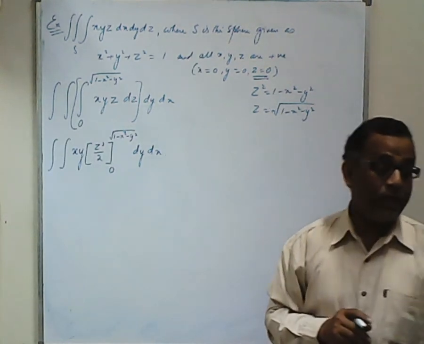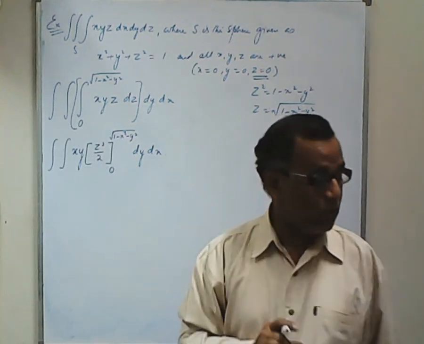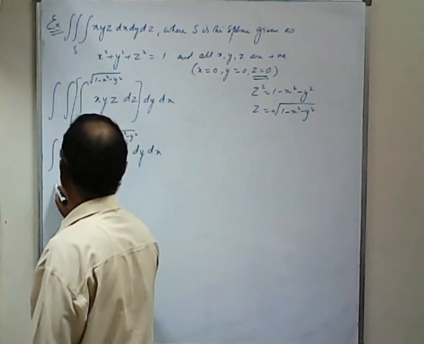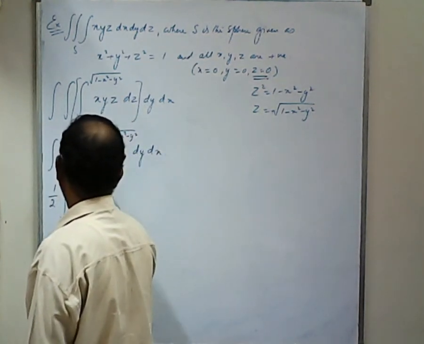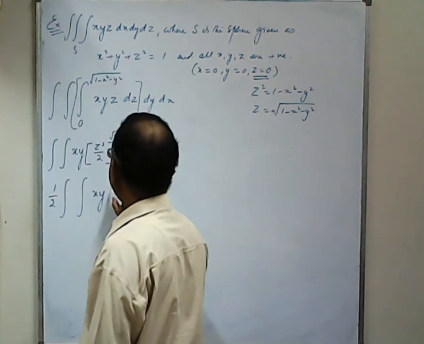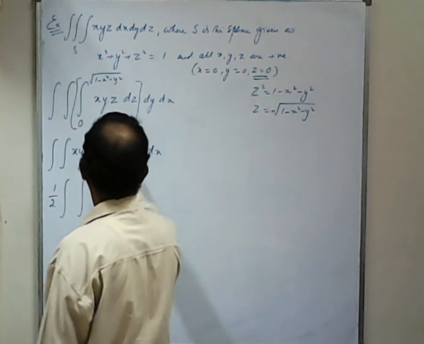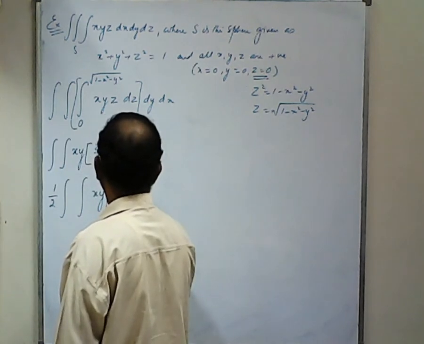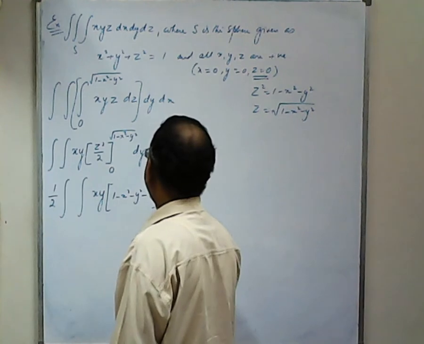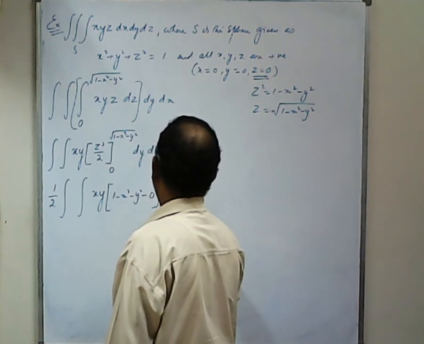The 2 I can write outside the integral, and then xy. Substituting the upper limit, z square means 1 minus x square minus y square, and the lower limit is 0.